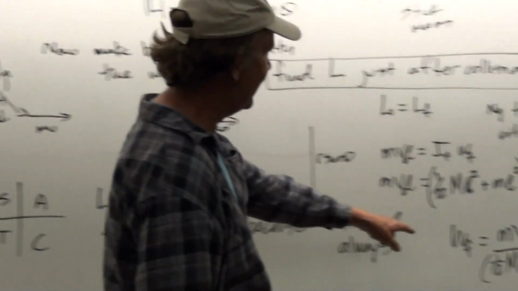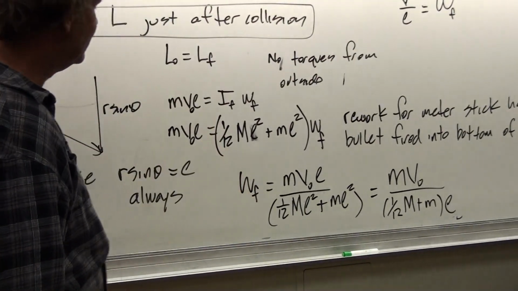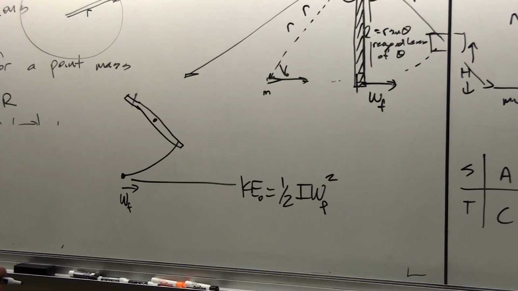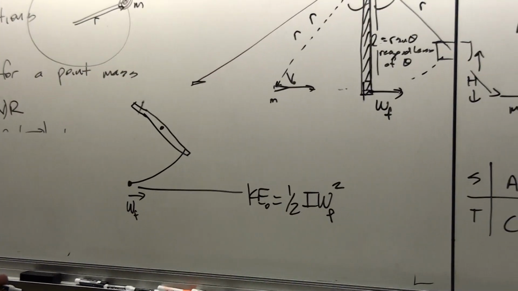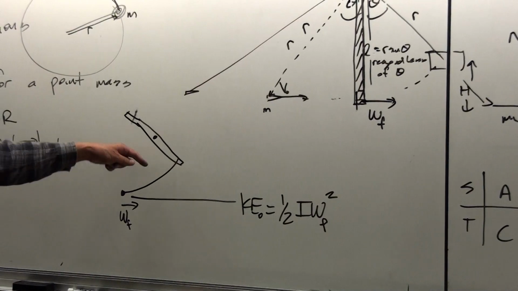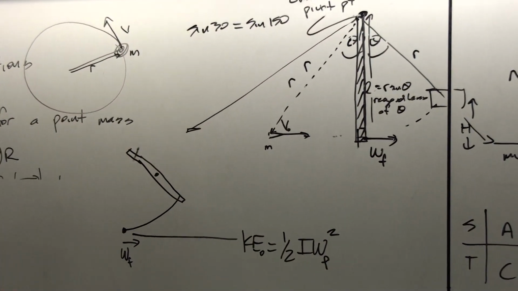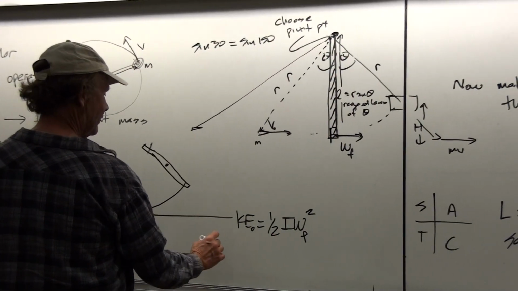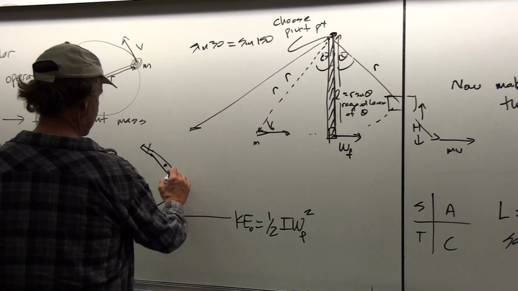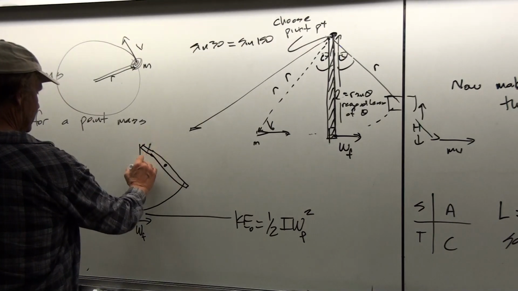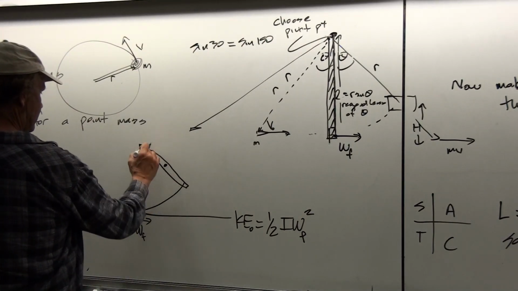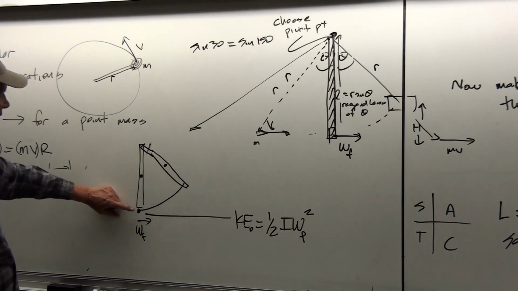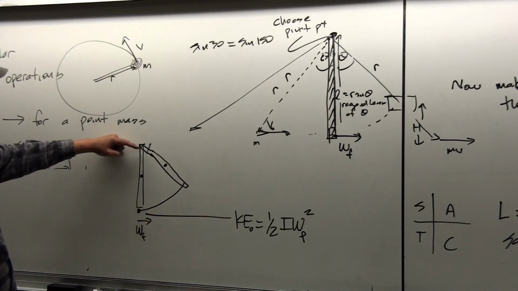I'm just using the final from this notation here, but it's actually the initial for the second part of the problem, which is the swing, as it swings up to some height. And then to figure out the height, if this is the potential energy, then we'd need the center of mass of the system to see how high up it goes.